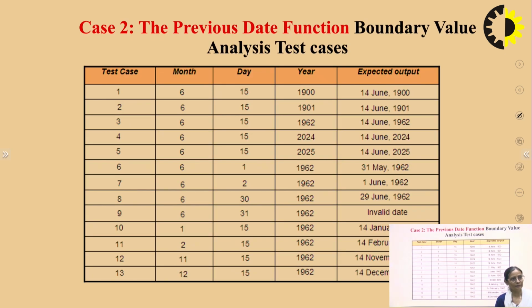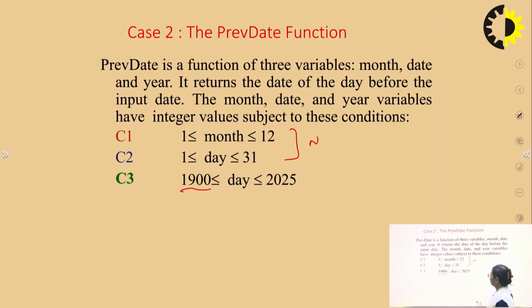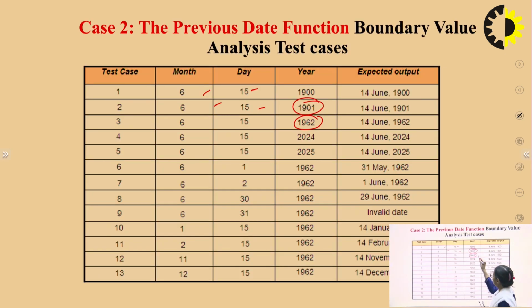Similarly, then nominal, and here we go with above the minimum value, so we have taken 1901, then again 1962. If you look here, it is 2025, the maximum, and here what we have taken are the nominal, maximum and below maximum values. So these are the cases.